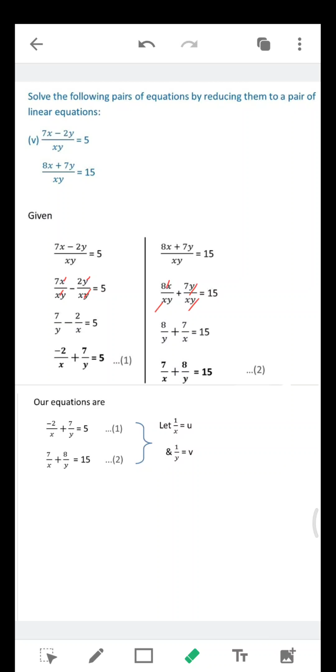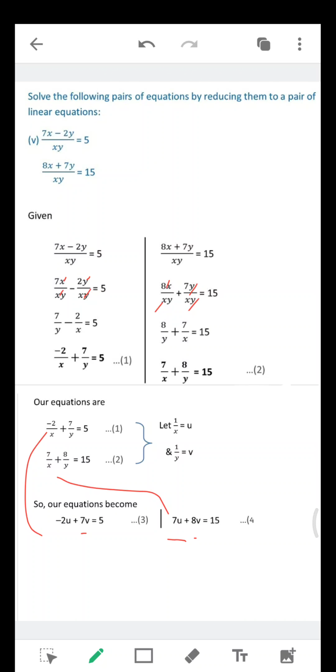So if I substitute, our equations become minus 2u, because minus 2 by x becomes minus 2u, and 7 by y becomes 7v, is equal to 5, and 7 by x becomes 7u, and this becomes 8v.